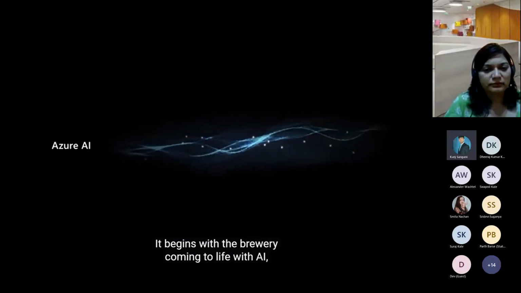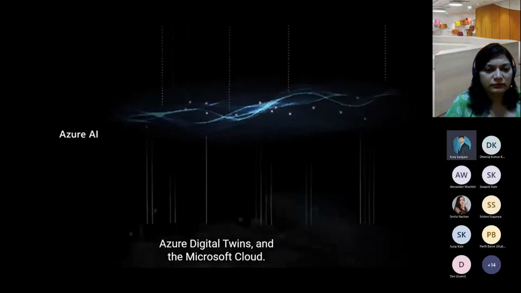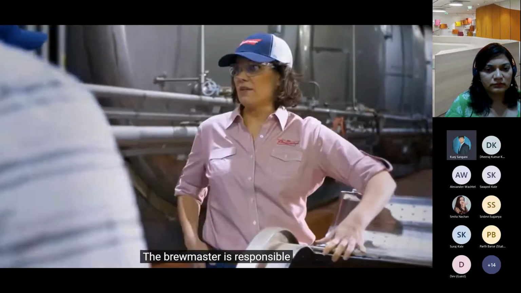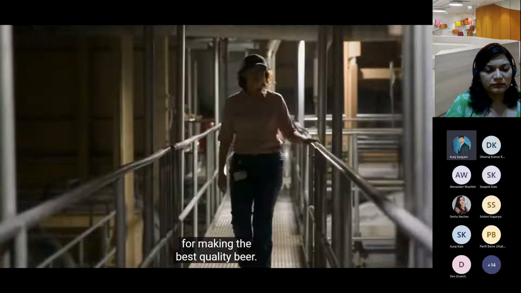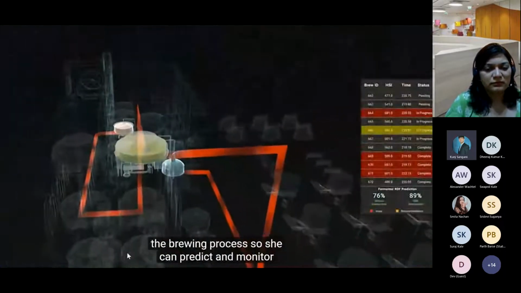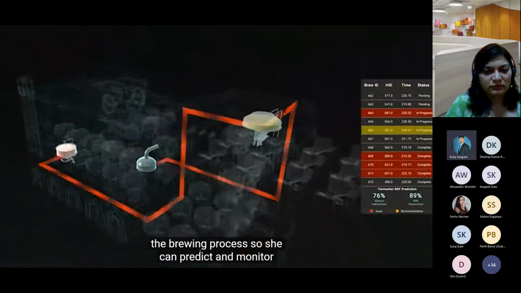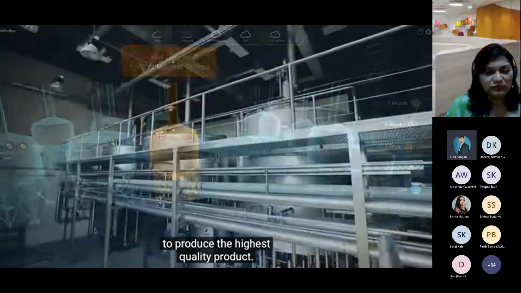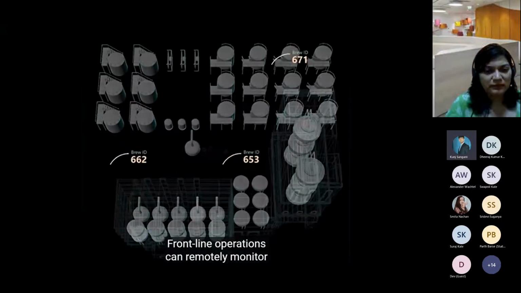It begins with the brewery coming to life with AI, Azure Digital Twins, and the Microsoft Cloud. The brewmaster is responsible for making the best quality beer. She has unprecedented visibility into the brewing process, so she can predict and monitor the complex chemical and biological fermentation parameters required to produce the highest quality product.